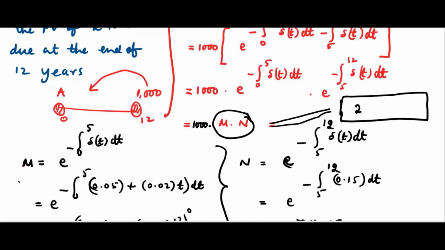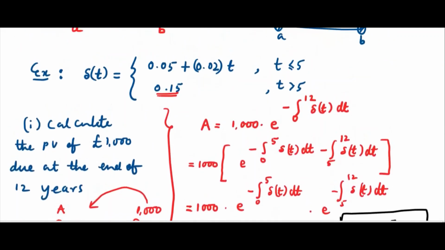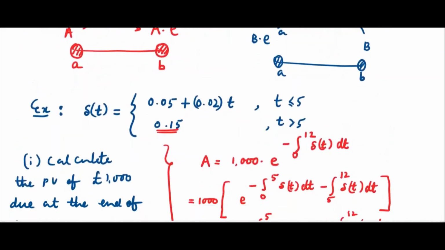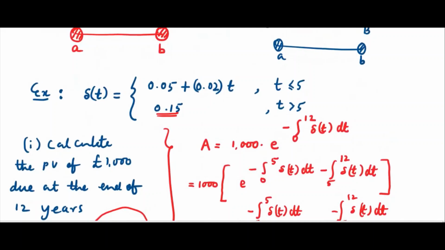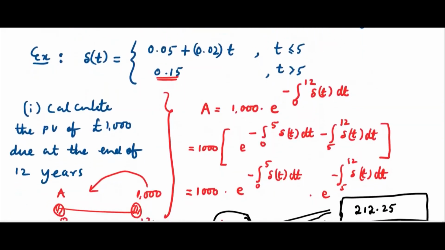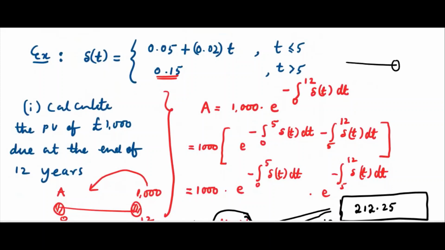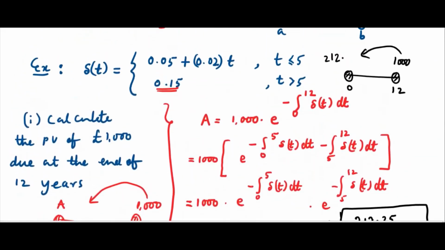It will be 212.25, because we are finding present value here. 0, 12, present value 212.25.